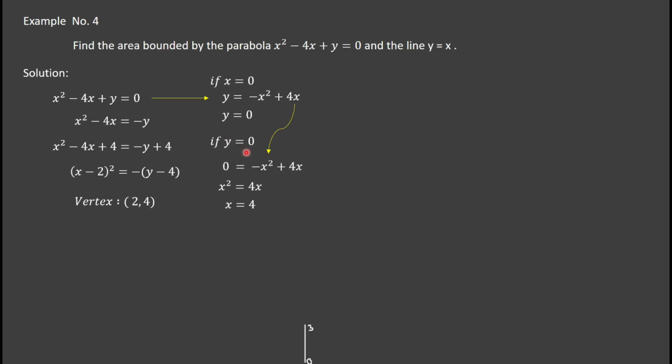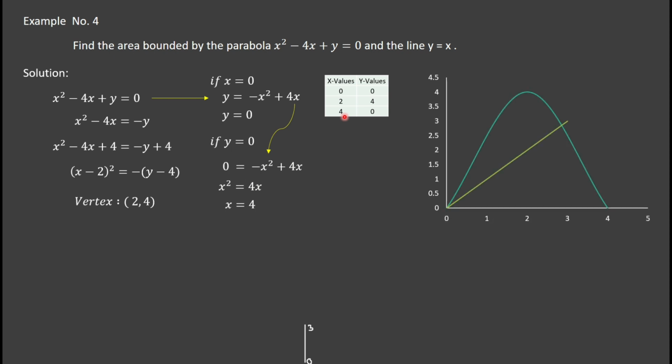So take note, if y is equal to 0, x also is equal to 4. These would be the corresponding coordinates: (0, 0), (2, 4), which is the vertex of the parabola, and (4, 0). So we can now plot it on the Cartesian plane. This would be the graph of the parabola, which is opening down.